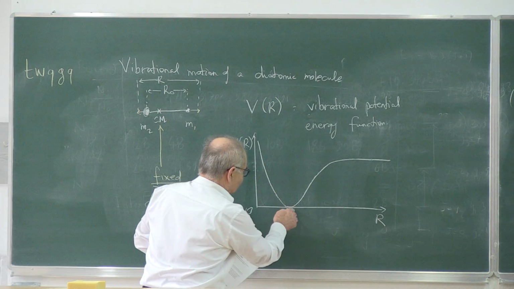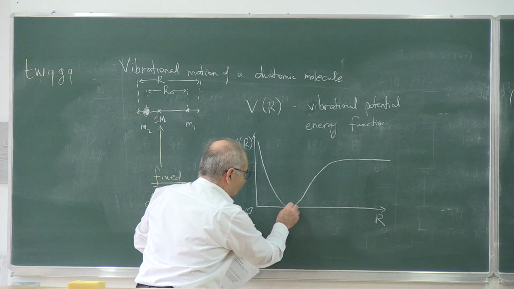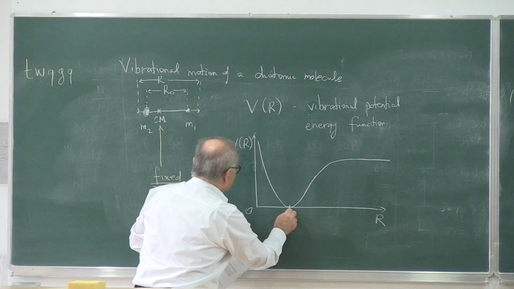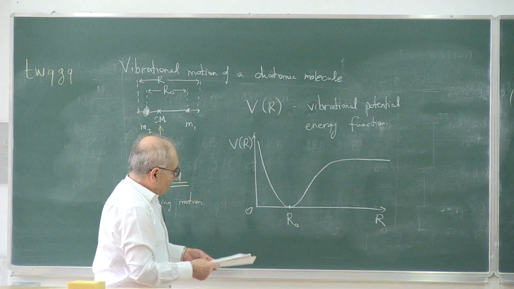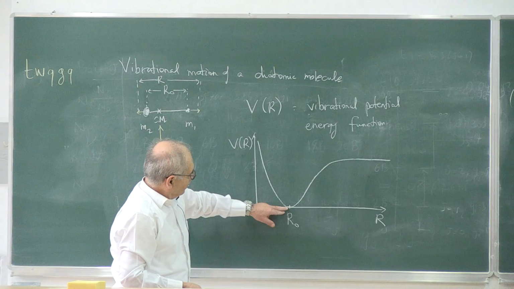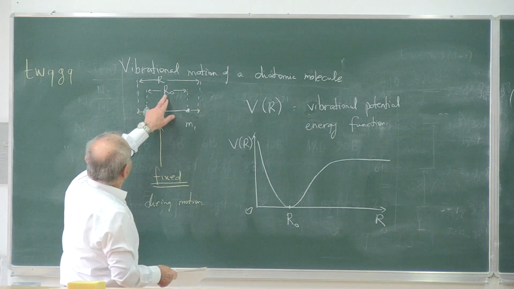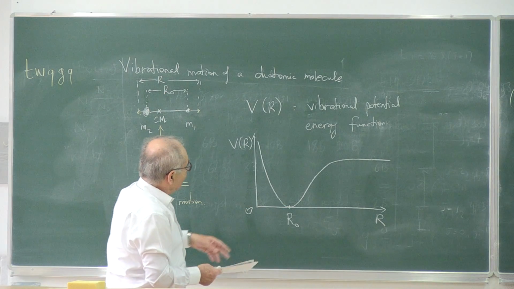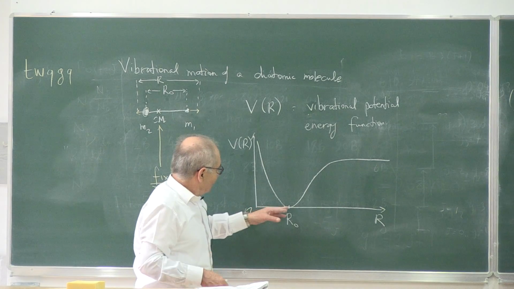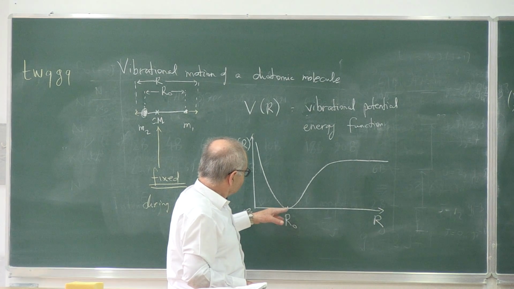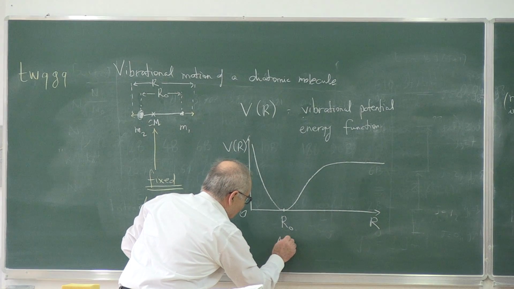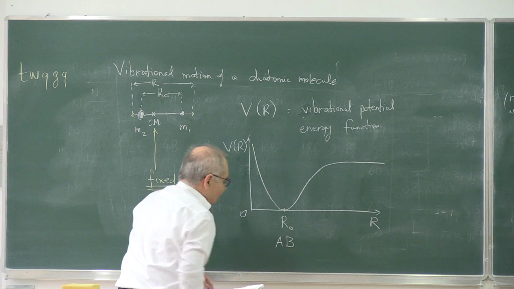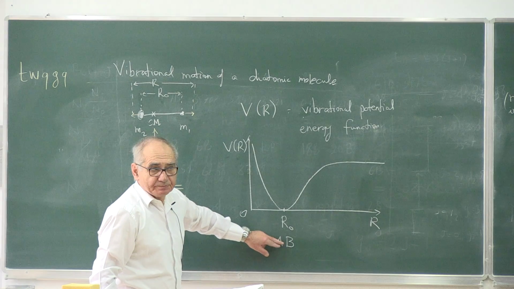The lowest value is at this R value. This is the equilibrium bond length. It is equal to this R0 here. And you see that at the equilibrium bond length, we have the diatomic molecule AB.